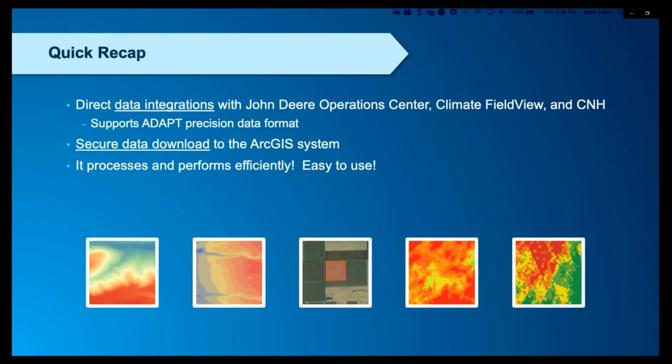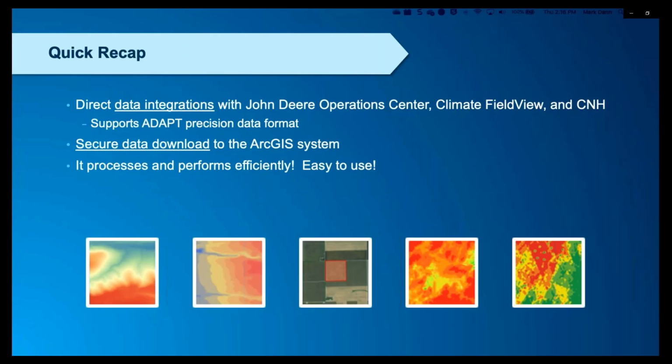Thanks, Josh. I just really want to briefly highlight what you just showed there, because having gone through this process of getting data into ArcGIS myself for my own farm, it can be very difficult. And like I said, what you showed is very impressive. It's easy, it's fast, and quite frankly, it's a real game changer for so many Esri customers.